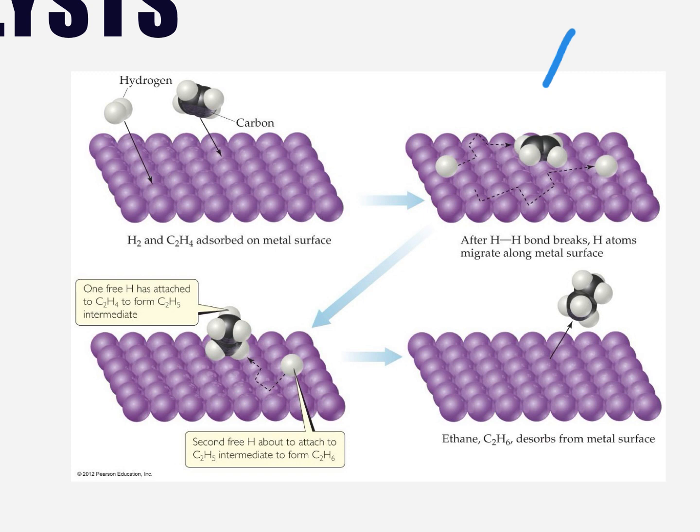When you bring in the hydrogen and the carbon and they interact with the surface, the surface will actually break the hydrogen bonds apart. And in the process of doing that and migrating those across the surface, you've created a new intermediate, this broken hydrogen, and that makes it much easier for you to create the product in the end.